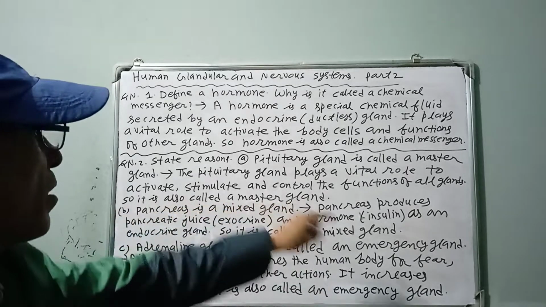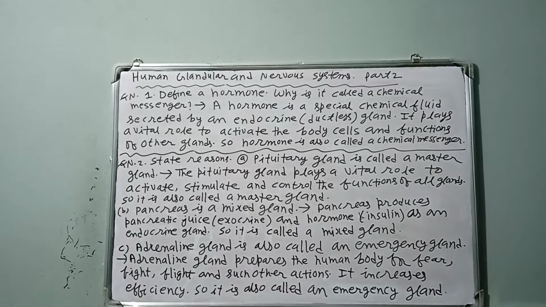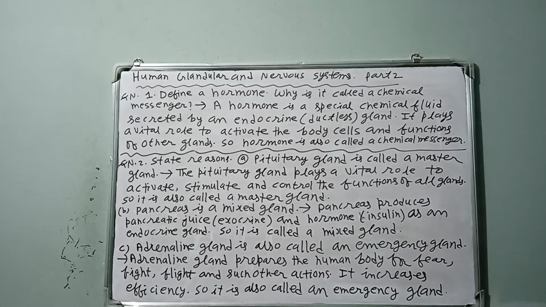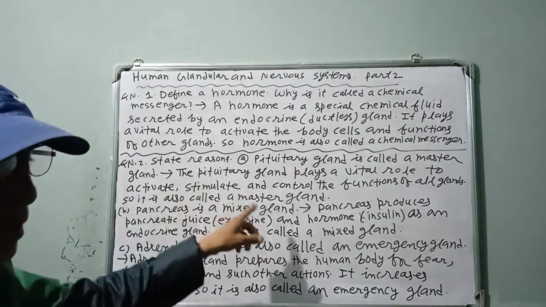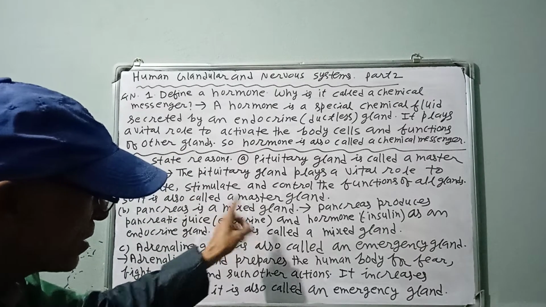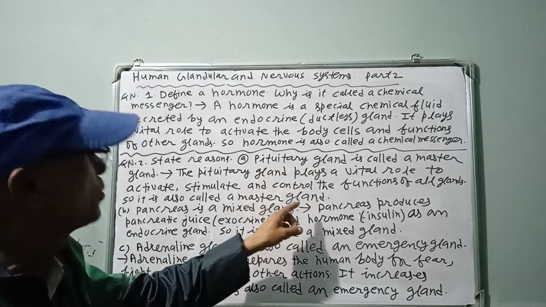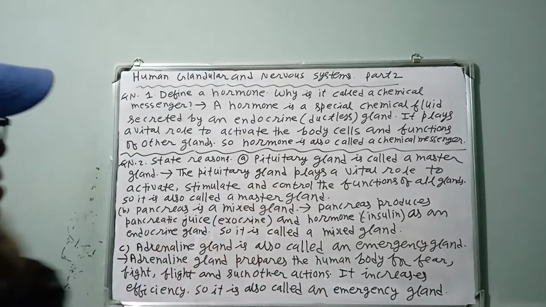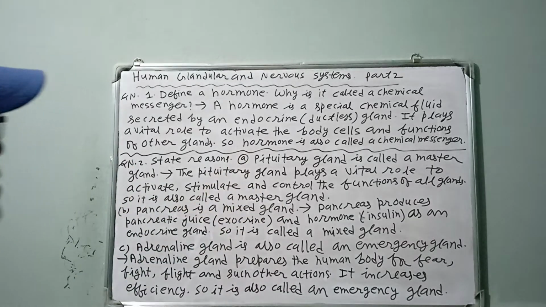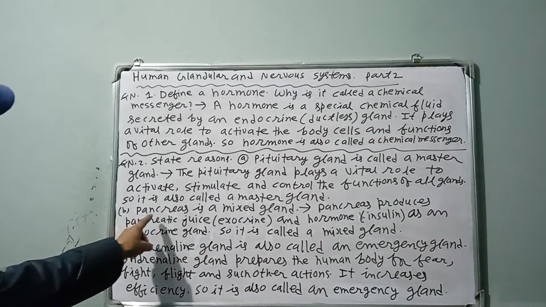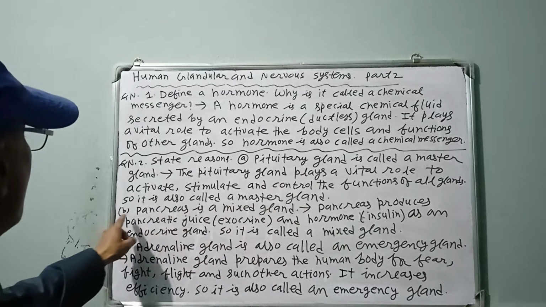So it is called a master gland. Just by the word master, it controls all. It guides all, does all functions itself and helps others or other glands to function. आफ्नो काम आफै गर्छ र अरूलाई पनि काम गर्न लगाउँछ. So it is called a master gland.